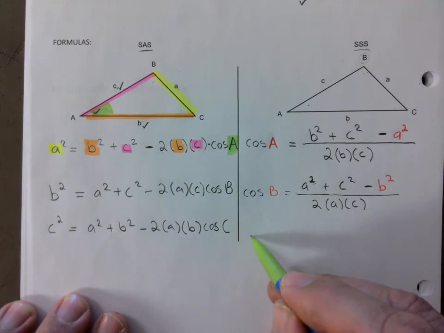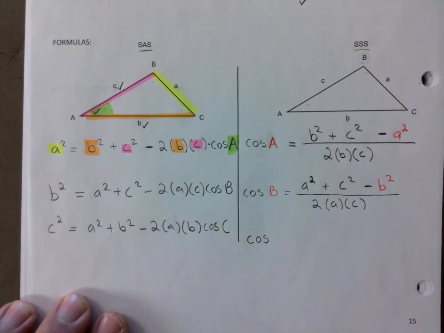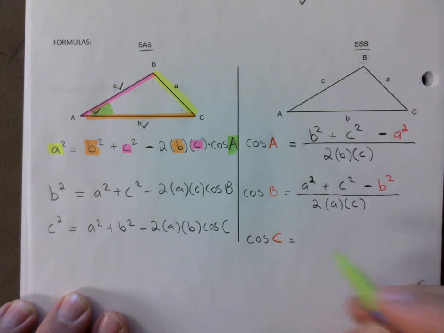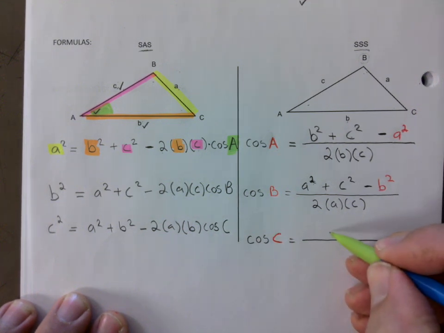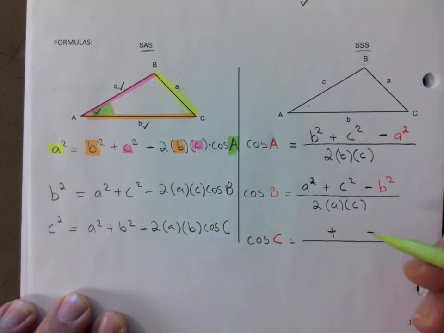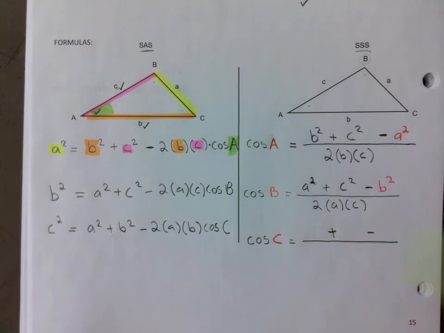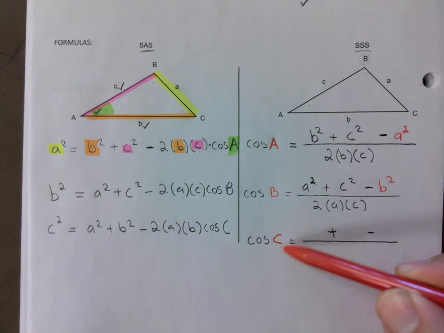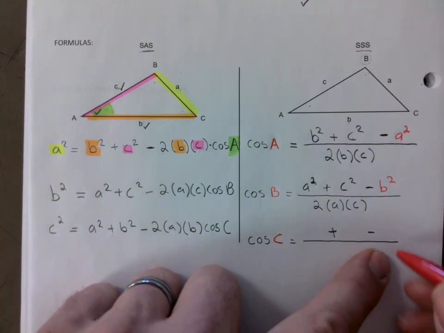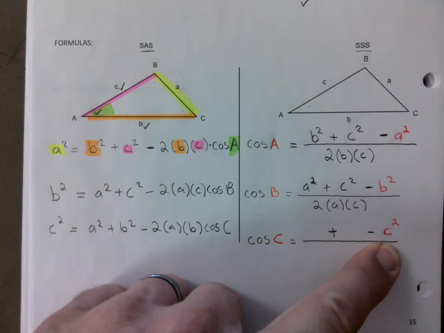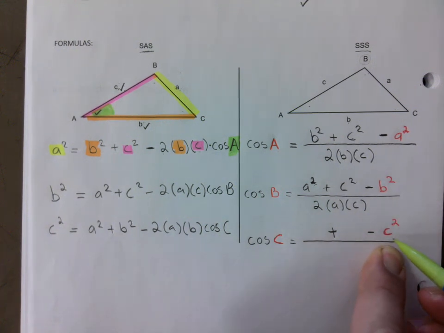Last one, if you wanted to solve for angle C, guess what? You would go cosine of angle C, long line. You know it's plus or minus. The reason I'm emphasizing it, doing it this way, is because I want you to make sure that the side across the angle you're trying to find shows up first, because if you get this wrong, everything will be wrong, okay?